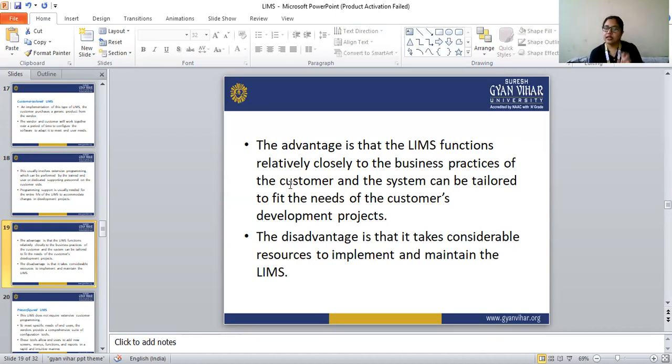And this customer tailored LIMS functions relatively closely to the business practices of the particular customer, because the customer configured all the data system according to their business. Okay, so this is the choice of the customer. And the system can be tailored to fit the needs of the customer's development project. And the main disadvantage is that it takes considerable resources to implement and maintain the LIMS.